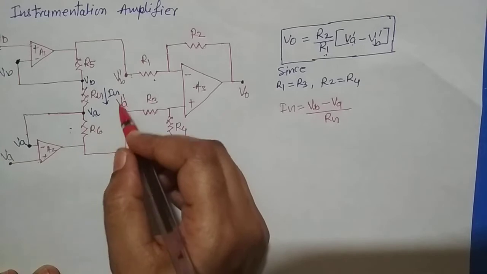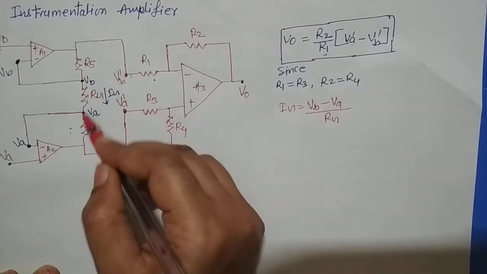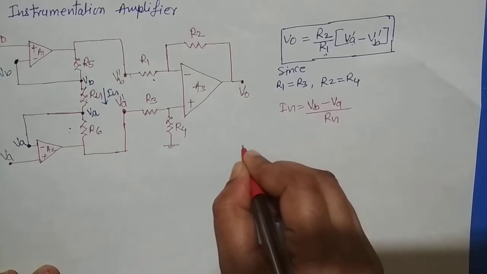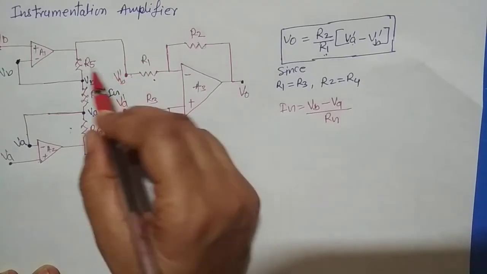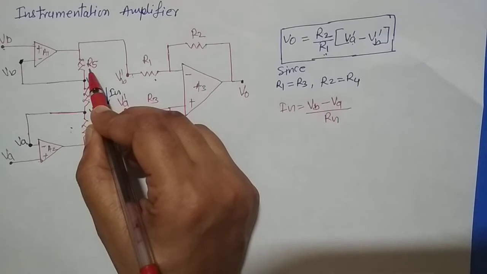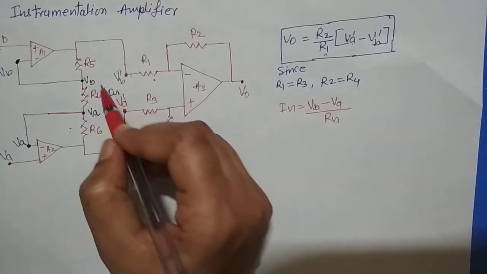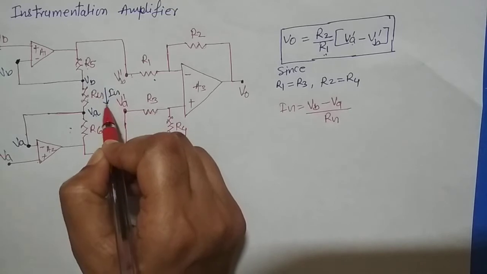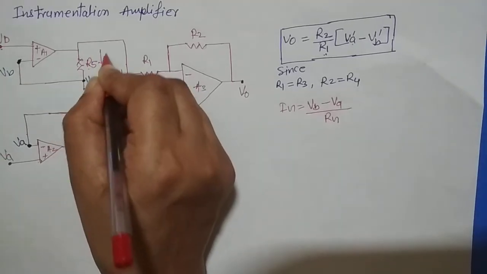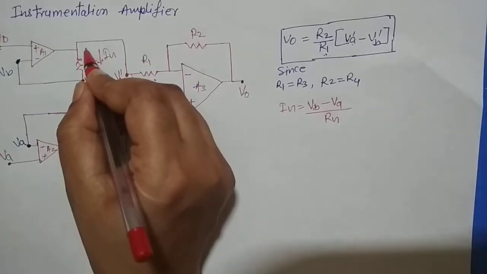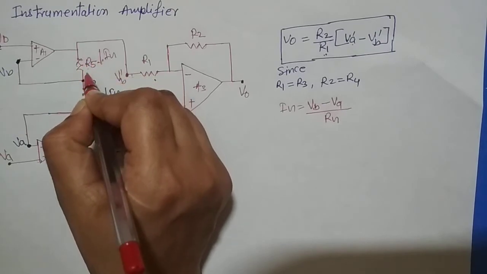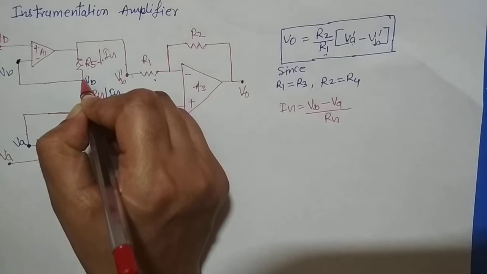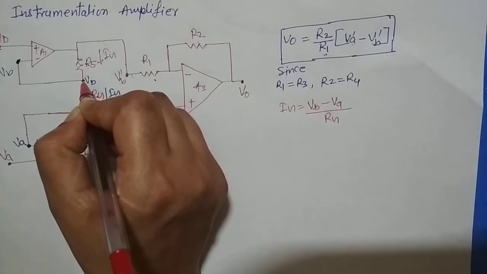Now I am applying KVL in this loop. For the KVL equation, we need the current across this resistance. If this is the current IG, then here the current will also be IG, because the total current will flow here. At this node the current is divided in two parts.